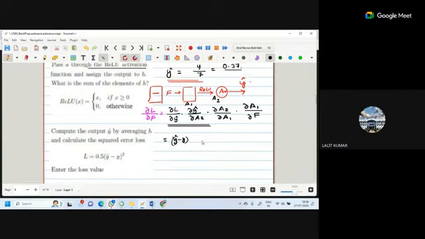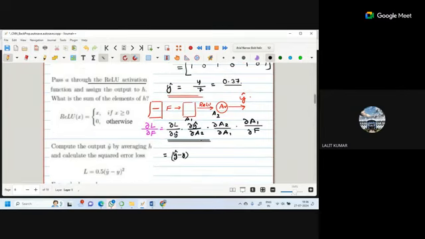For the averaging function, y hat is the average of A2, so del y hat by del A2 will become 1 by 7, since there were 7 numbers.